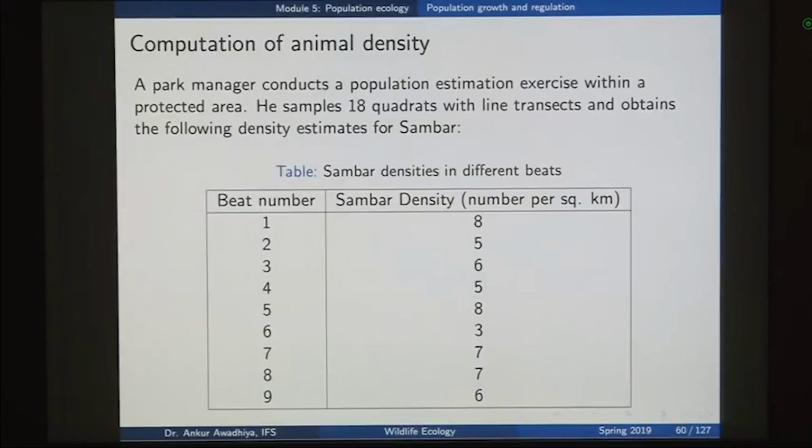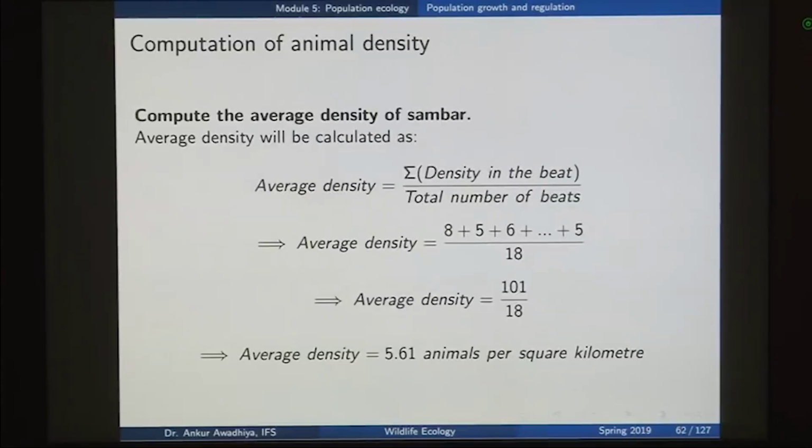Now, the question is, what is the average Sambar density that is found in the park? And we will make this assumption that these 18 beats are all the beats that we have here, and the area is more or less homogeneous.